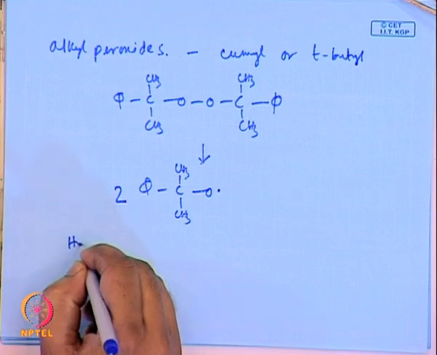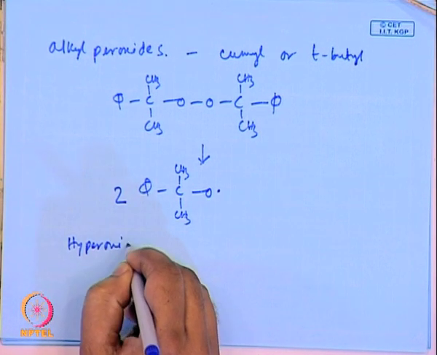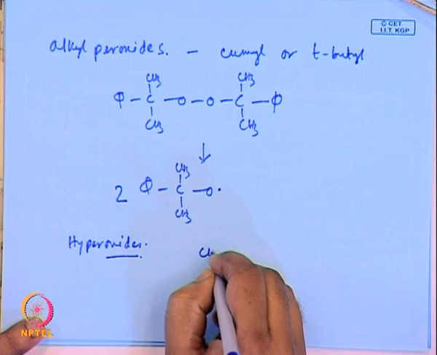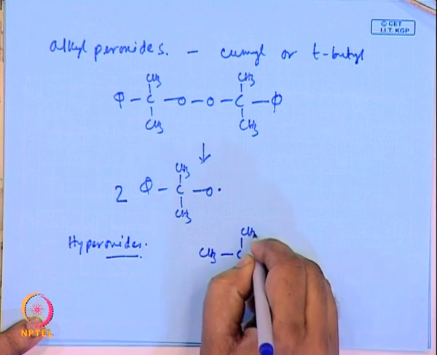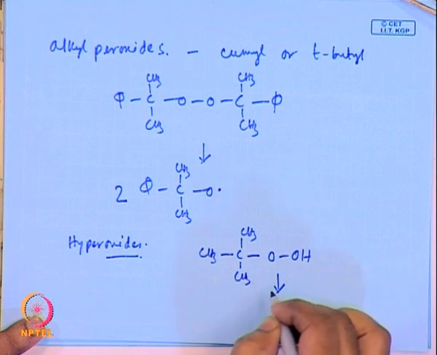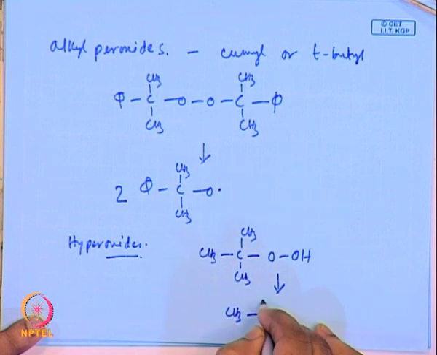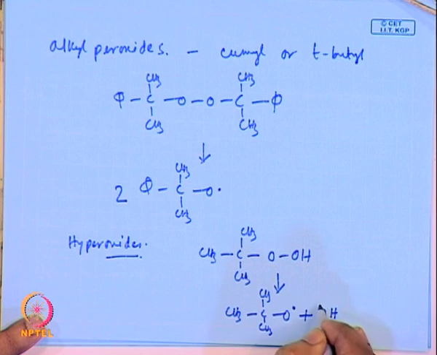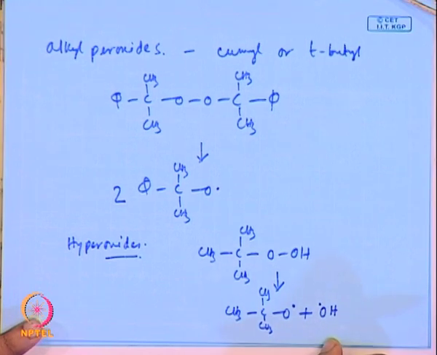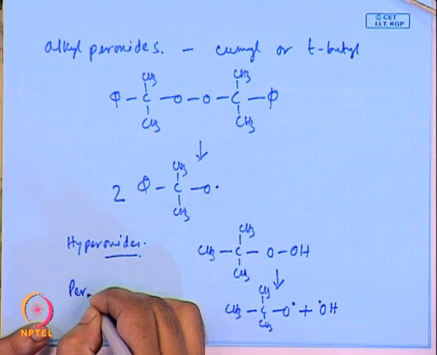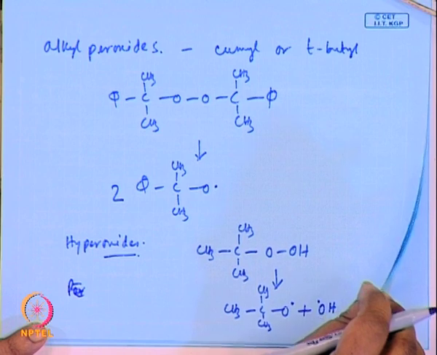Also, these hydroperoxides, for example, tertiary butyl hydroperoxide, can also undergo homolytic cleavage forming two radicals. Other examples, like peresters, let us talk about in the next page.